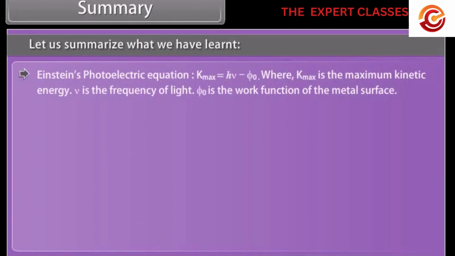Einstein's photoelectric equation: Kmax equals h nu minus phi 0, where Kmax is the maximum kinetic energy, nu is the frequency of light, and phi 0 is the work function of the metal surface.